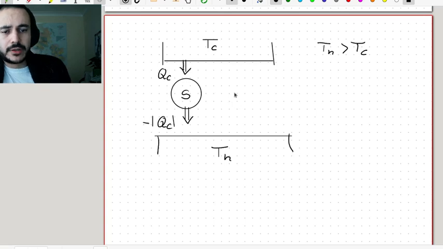So now that we know what a heat engine is, we could put a heat engine here. Okay, so some engine, and this engine is going to run between this heat source and that heat source.